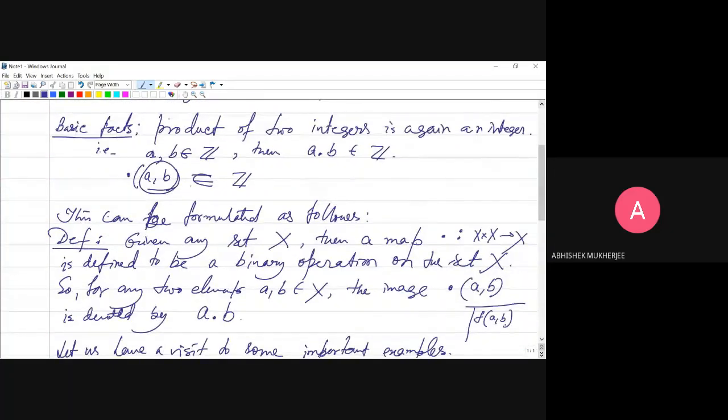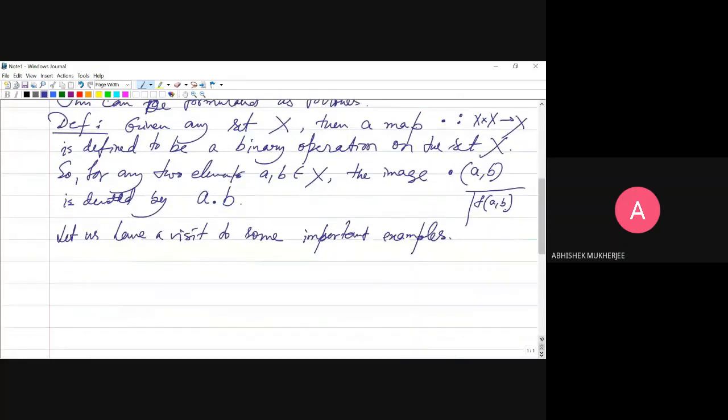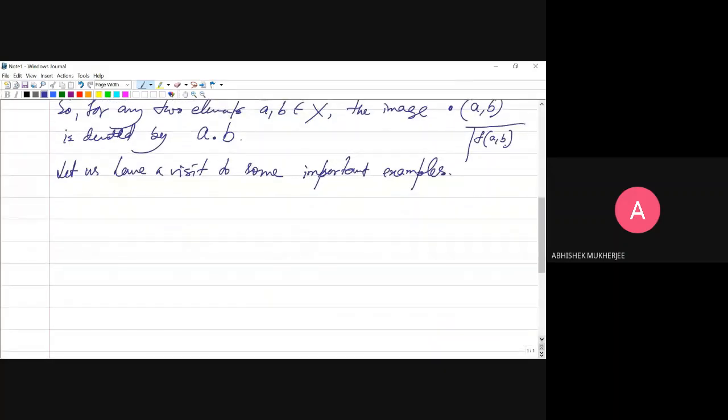Given any two integers, their product is always an integer. So this product is a binary operation on Z. Your first example will be this one: dot is a binary operation on Z.